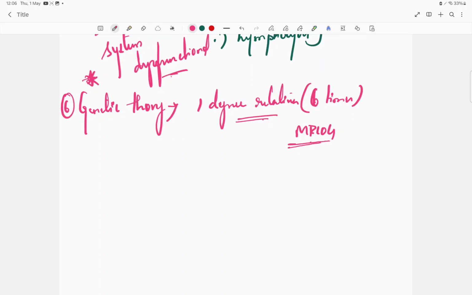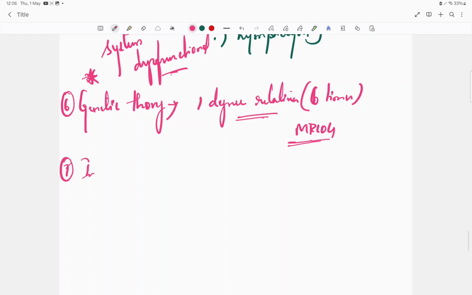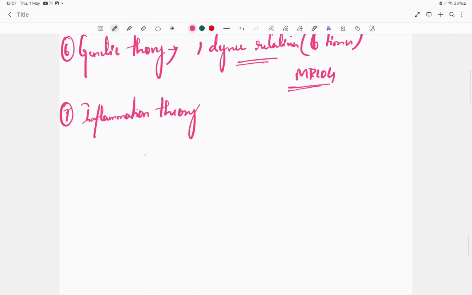And next, the seventh one is inflammation theory. This inflammation theory doesn't explain why the endometrial tissue is present in such locations, but it explains why there is pain in endometriosis. Think this is the uterus, this is the rectum, and this is the bladder.